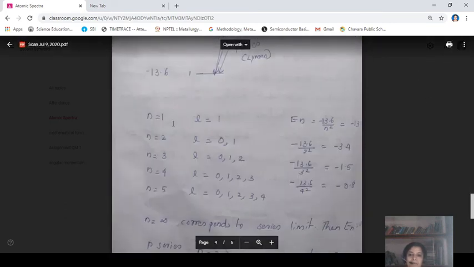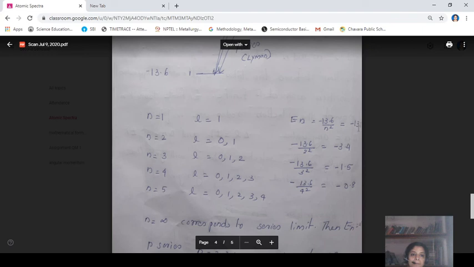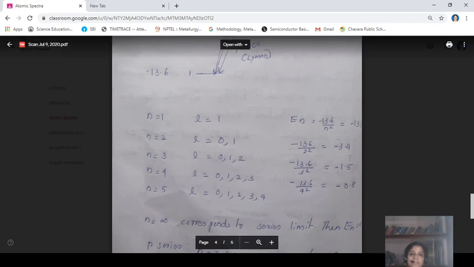n equal to 1, L will have a 0 value, so please correct this: instead of 1 here it should be 0. So n equal to 1, the value of L will be 0, then En will be -13.6. n equal to 2, L will have two values, 0 and 1, so -3.4. n equal to 3, -1.5.